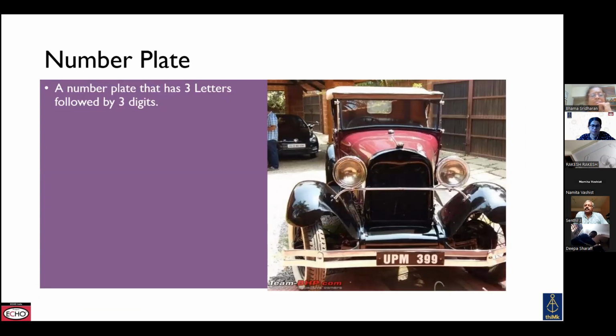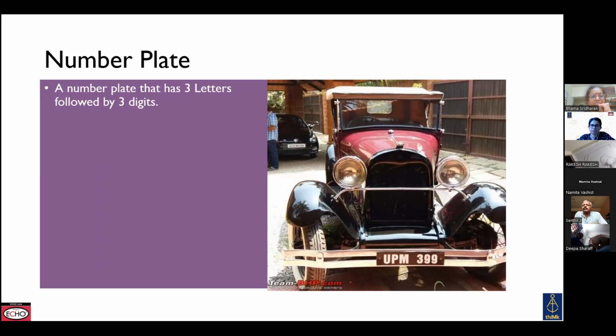The next is a number plate, that old-style number plate in our country, where any vehicle in Chennai would start with MAS for Madras state, or something like TNM, and then 345, something like that.